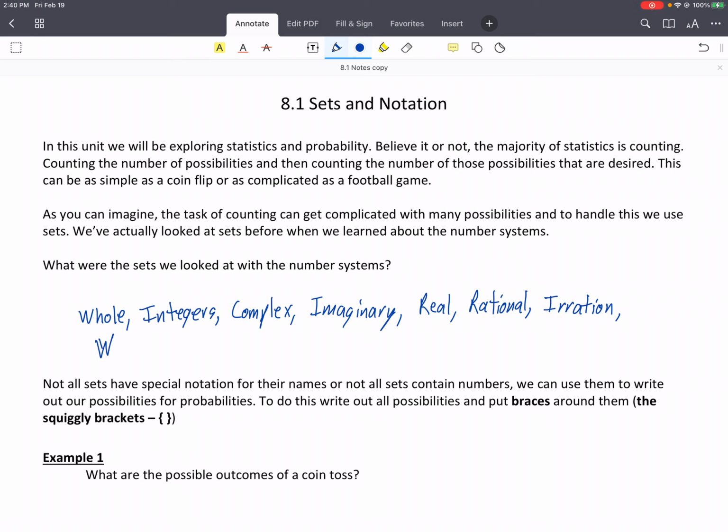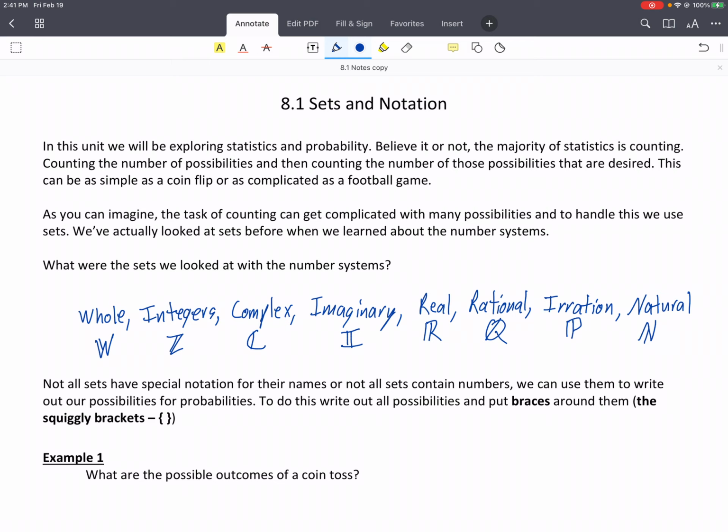Whole was the W, integers, remember, was the Z, complex was the C, imaginary was the fancy I, real was our R, rational was Q, and then irrational was P. Oh, natural, that's the one I'm missing, the natural numbers, which were N, so each of those had a specific letter.